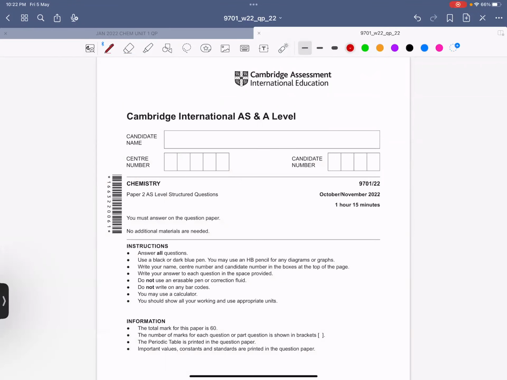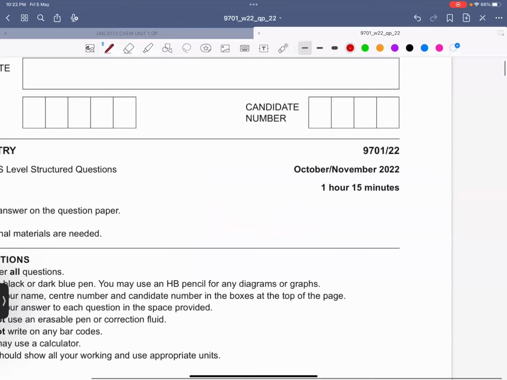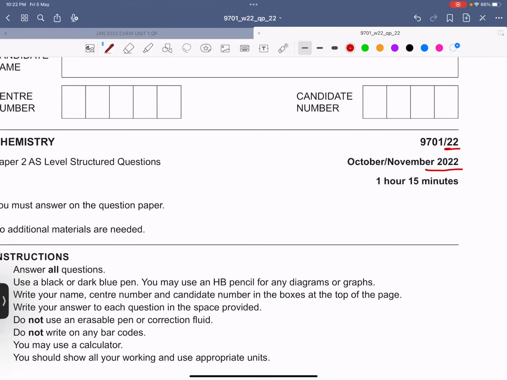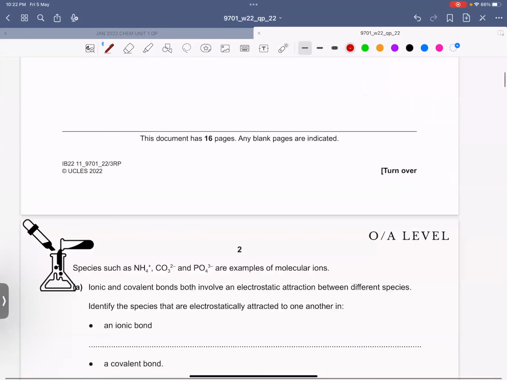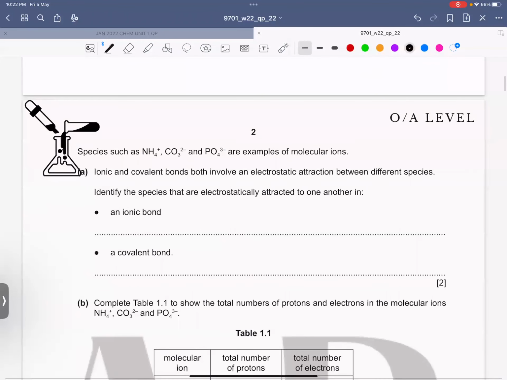Today we are going to start October-November 2022 paper 2. Let's start with question number 1. Species such as ammonium ion, carbonate ion, and phosphate ion are examples of molecular ions.